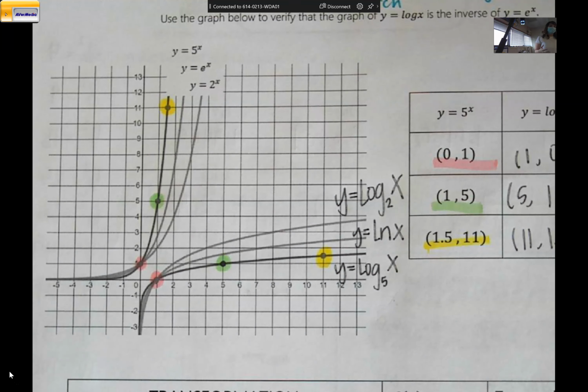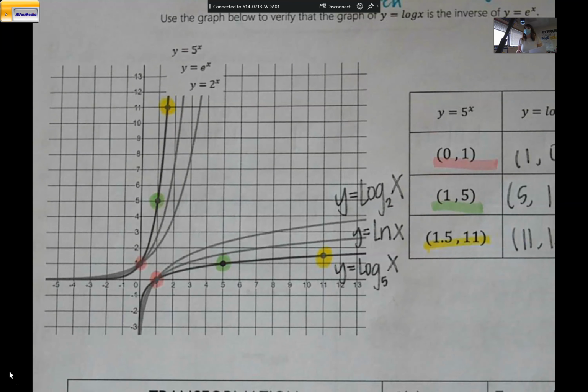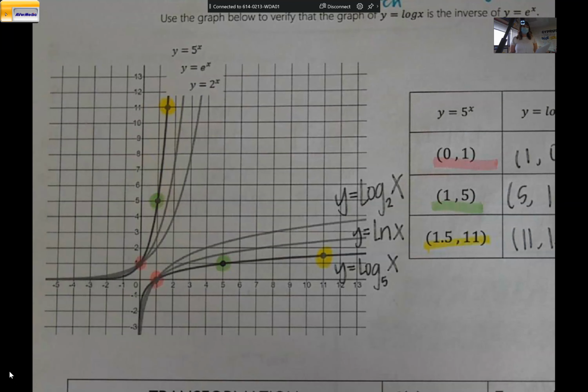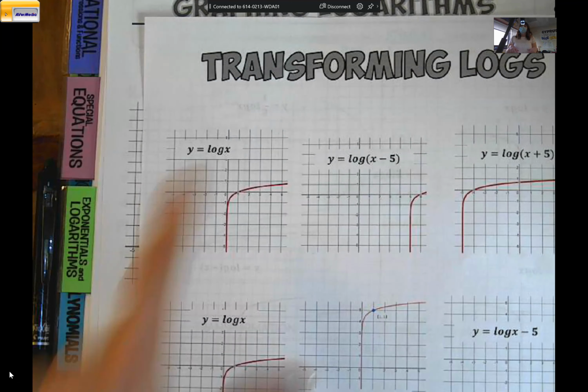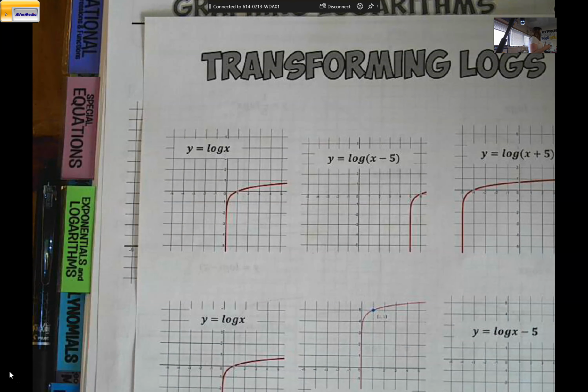Just like with other functions, we can transform the parent function of a log. This is our parent function. It's just log x. And we can do the transformations that we're used to. We can reflect, we can stretch or shrink, we can shift left, right, up, or down.